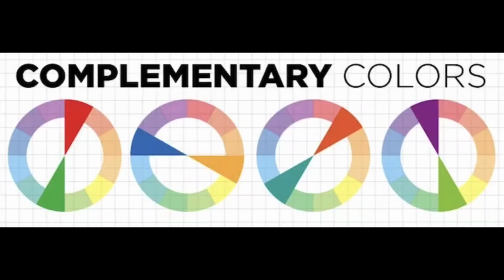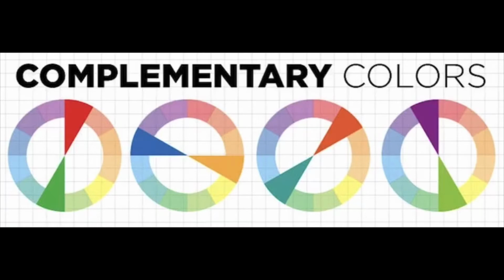Now let's take a look at complementary colors. Complementary colors are those that enhance each other. They're opposite colors and they're located directly across from one another on the color wheel.